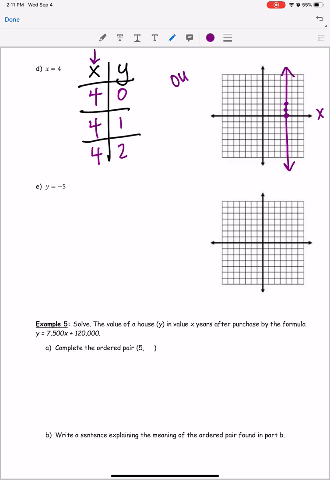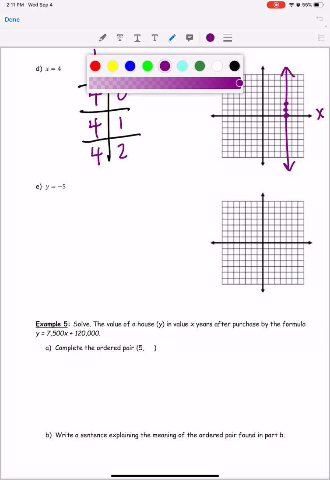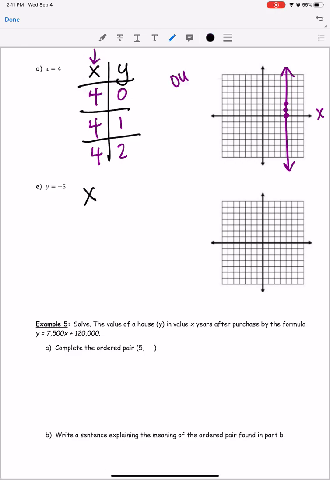So opposite on this one. When I make my t-chart here, and I need my 3 points again, now this time, y is always going to be -5. So I'm going to put -5 all the way down here.